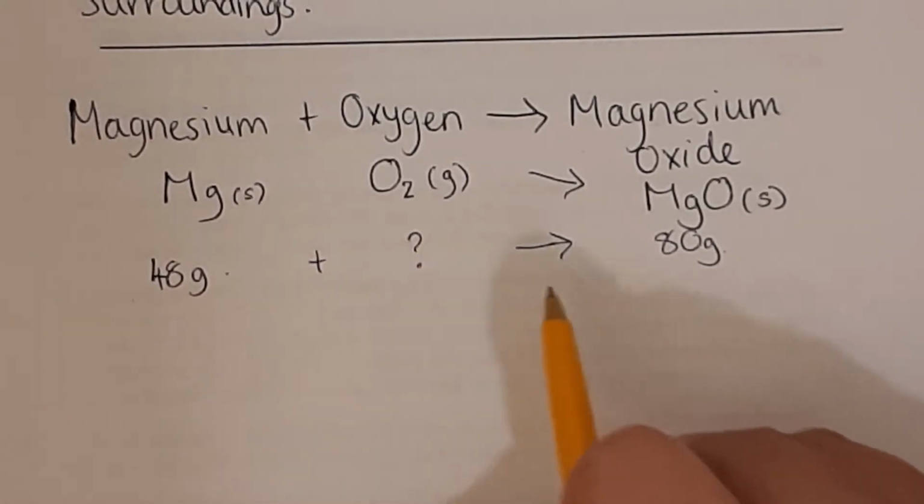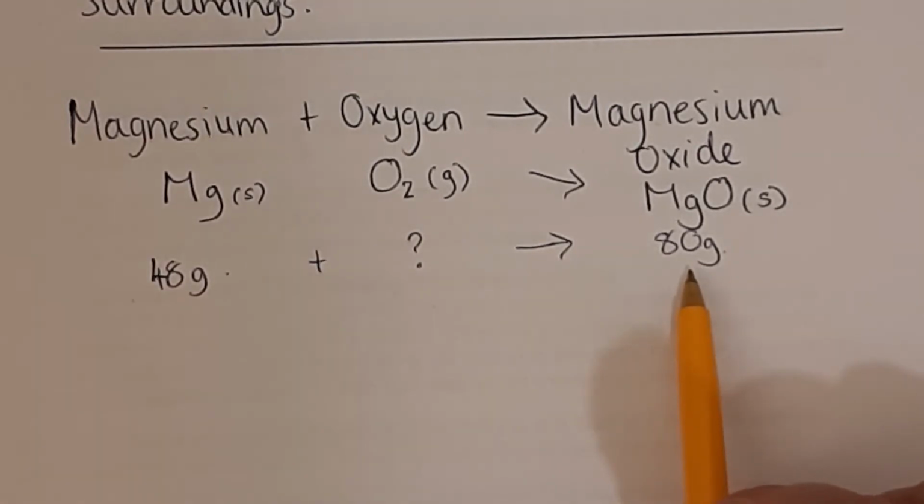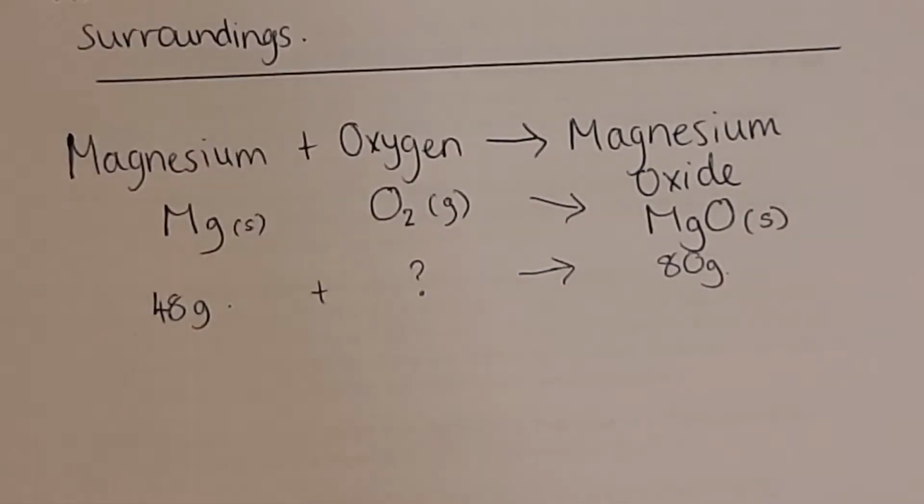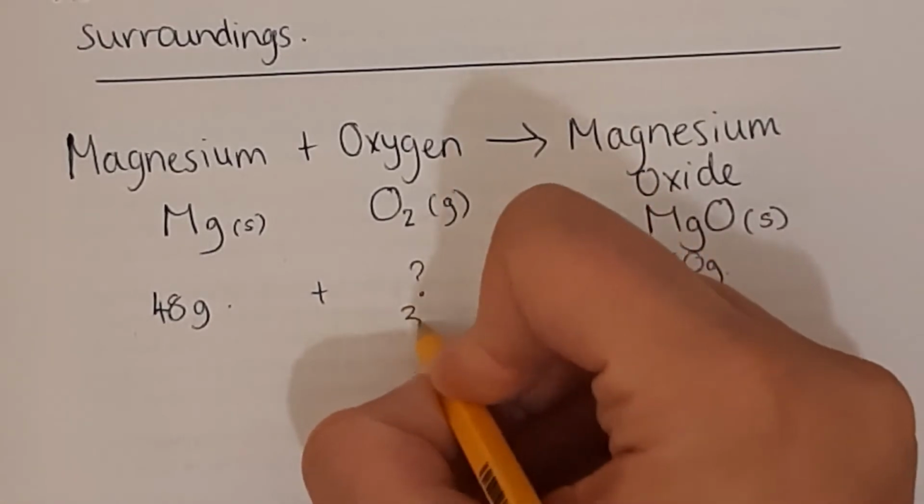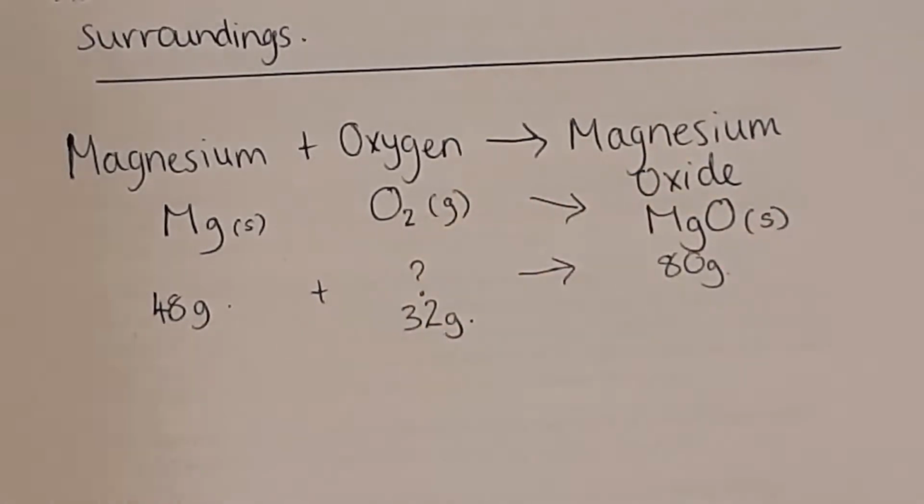So we know that to produce this 80 grams of magnesium oxide, given that with the law of conservation of mass, the reactants and the products must be the same mass, if the oxygen was 32 grams and the magnesium was 48 grams, that makes 80 grams. So we've taken in 32 grams of oxygen from the surroundings to react with our magnesium and turn it into magnesium oxide. Okay, we're going to write some notes about that now.